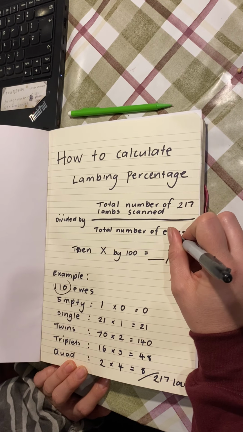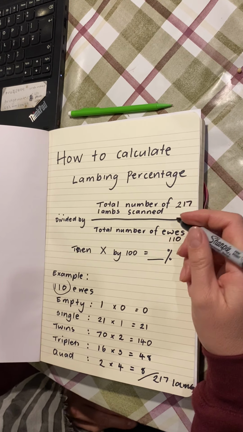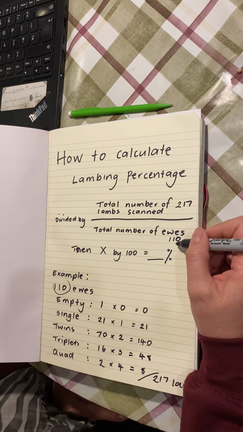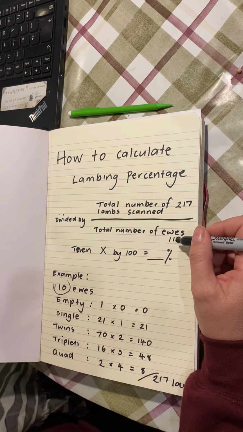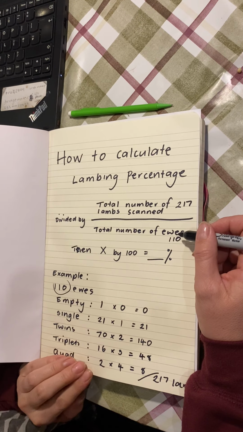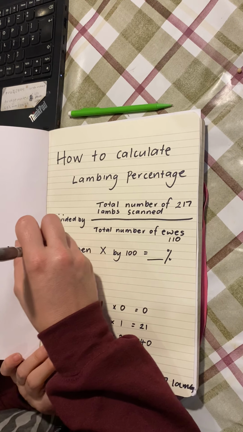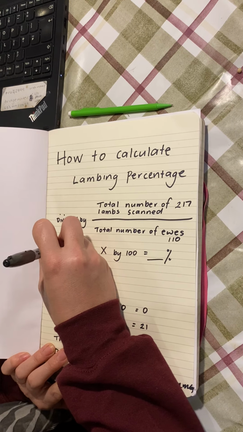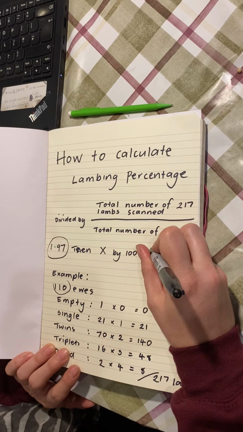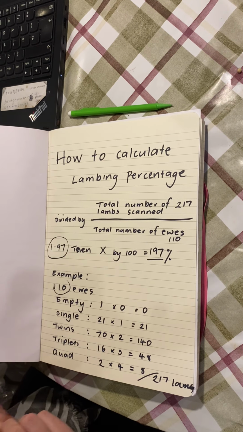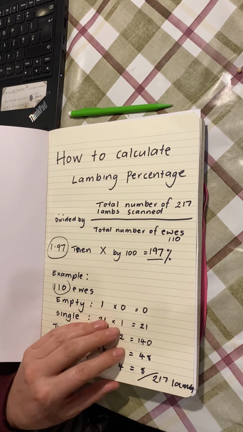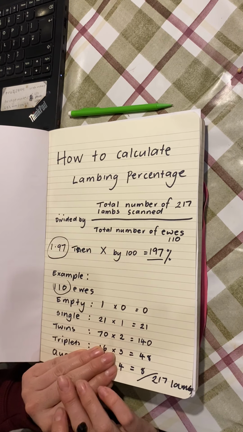So 217 divided by 110, which was the number of ewes, gives me 1.97. Then you times that by 100, and that is 197%. So your scanning percent is going to be 197%, or your lambing percentage.